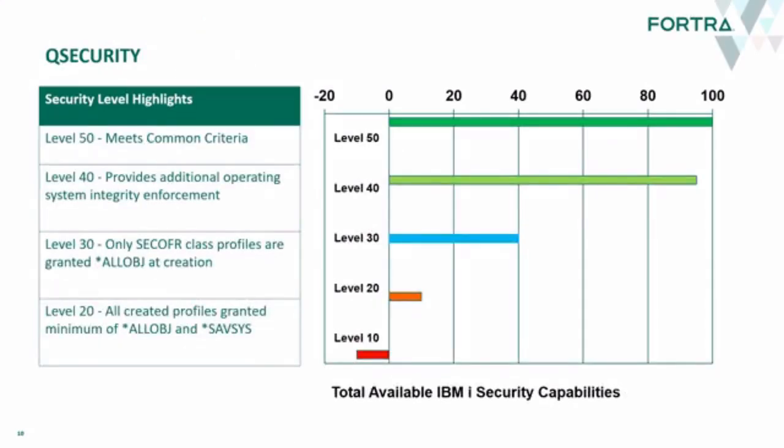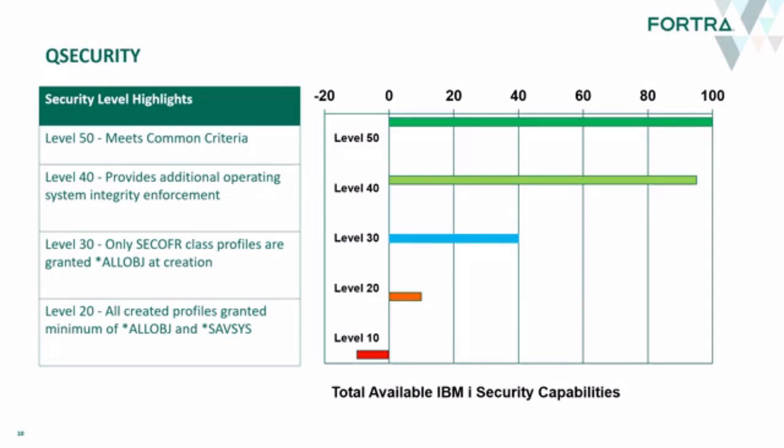So the very first thing on IBM is your security level, and it truly does start the tone for everything, because this talks about integrity checking, how user profiles can work with each other, and what kind of default authorities might be granted. So level 50, which is the strongest security level for IBM, was developed with the military and government in mind and meets Common Criteria requirements.